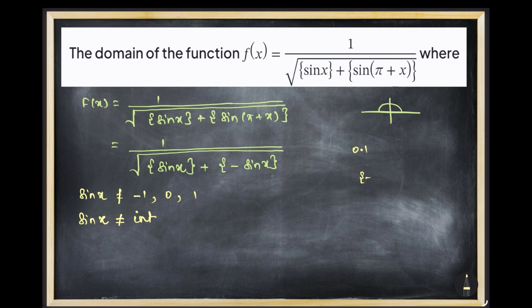Now I have to find out the fractional part of minus 0.1. So what I will do, I will take help of the greatest integer. We have to find out the fractional part of this. We know that the greatest integer of this thing is minus 1. So can I say that it is minus 1?